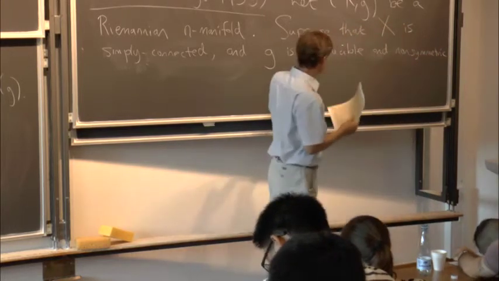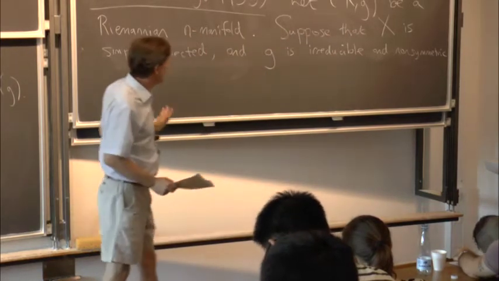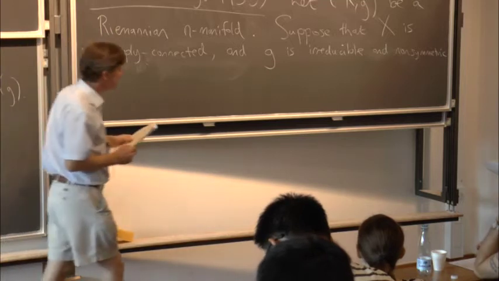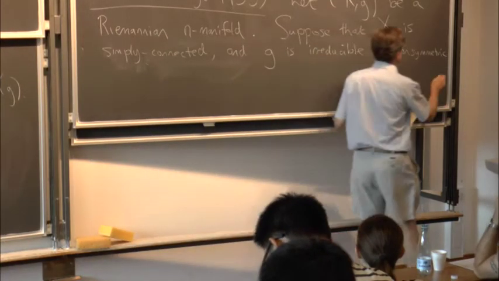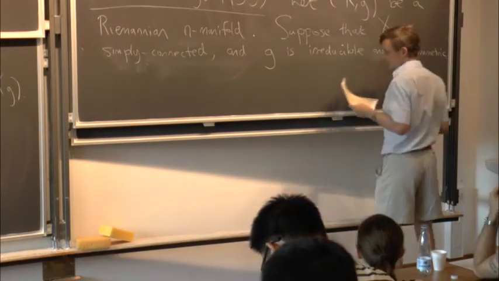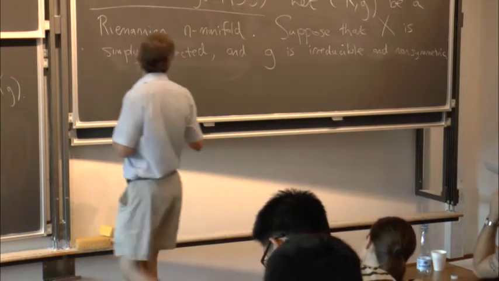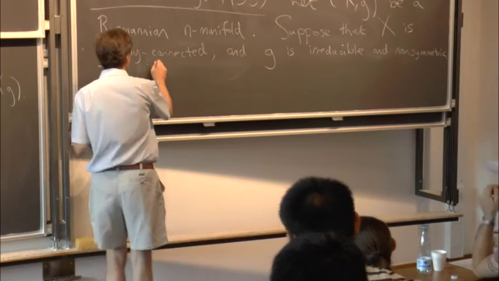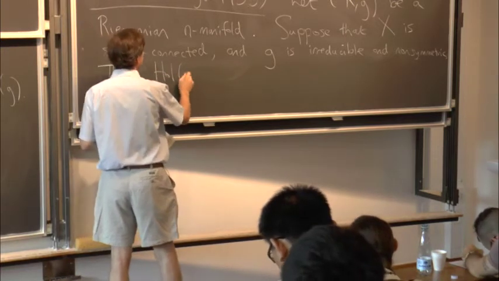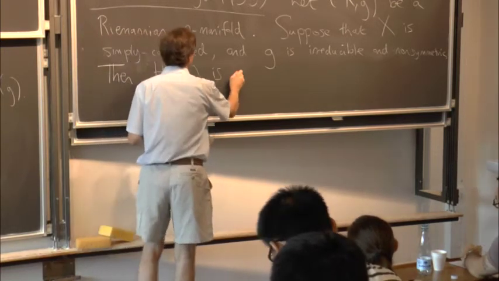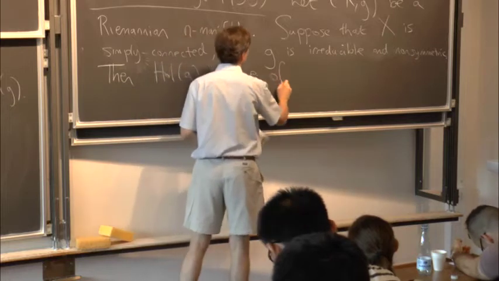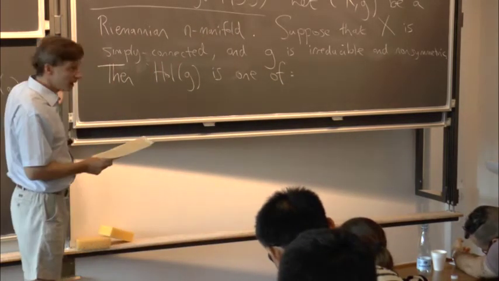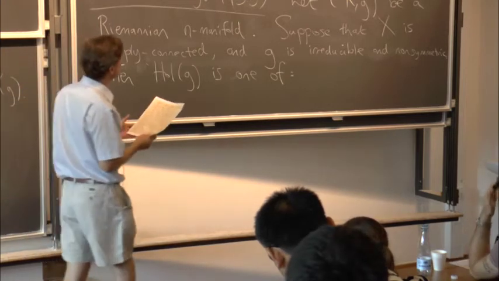I'll talk about these very shortly, and I'll also explain what happens if we were to leave these assumptions out. But let's just accept them for the moment. So the conclusion is that the holonomy group of G is one of a list of 7 possibilities.